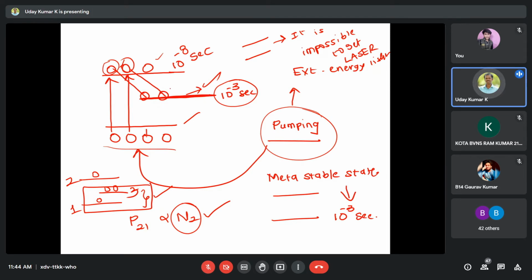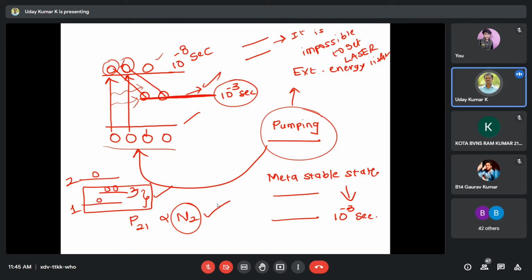When these atoms are at the metastable state and you expose them to external radiation, a number of photons will be released, and those photons will be identical, and you get the laser light. So that is one process.